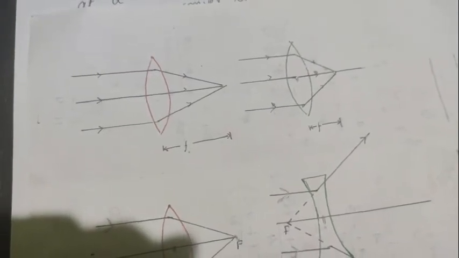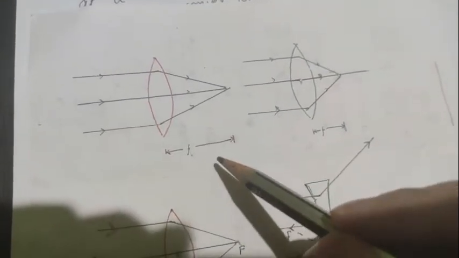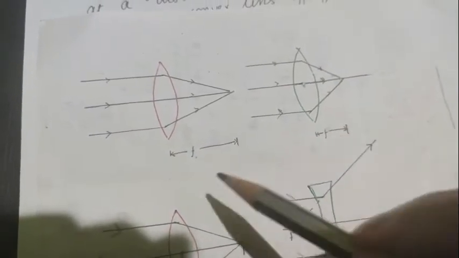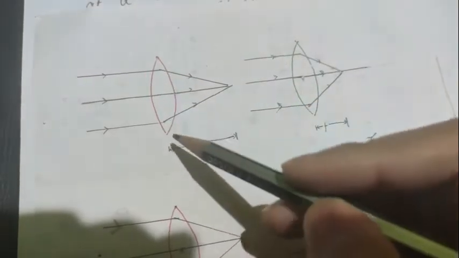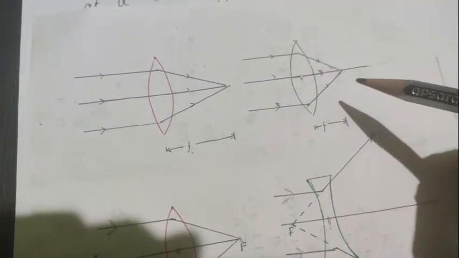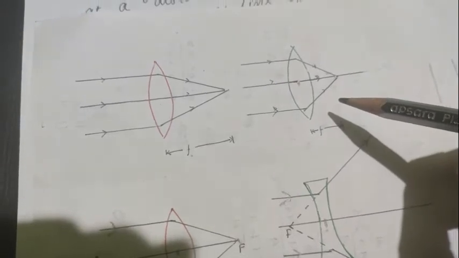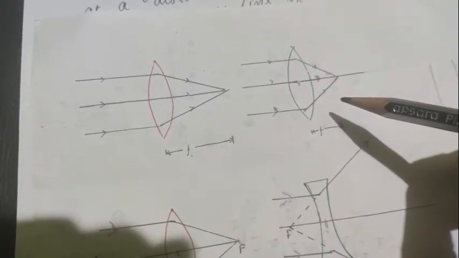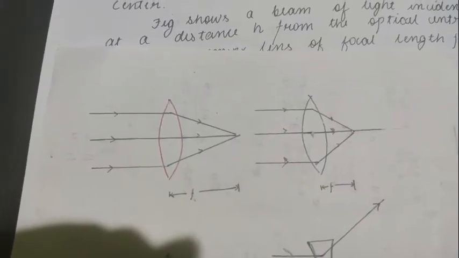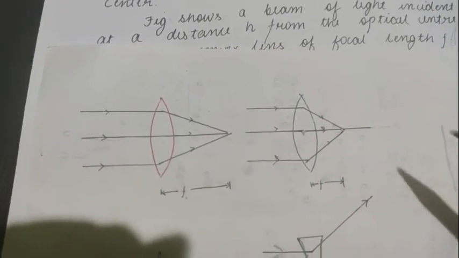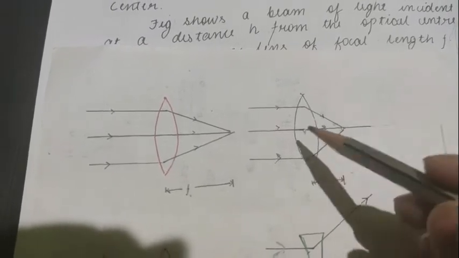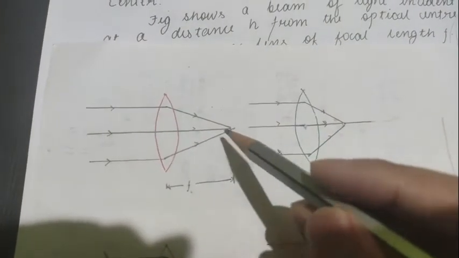Fine. Now tell me which focal length will be smaller. Will the focal length of your red lens be smaller or the focal length of the green lens be smaller? So which focal length is smaller? For the green lens. Okay, so what do you understand by this one?